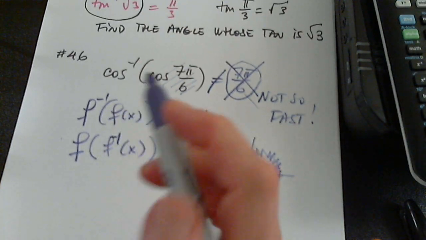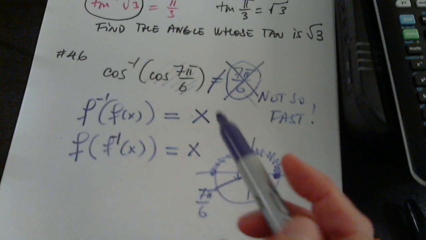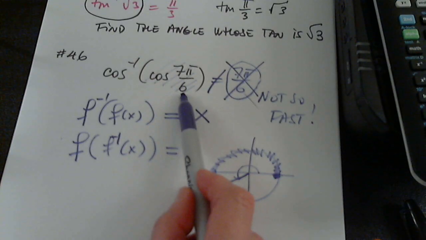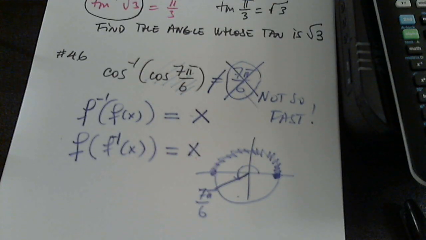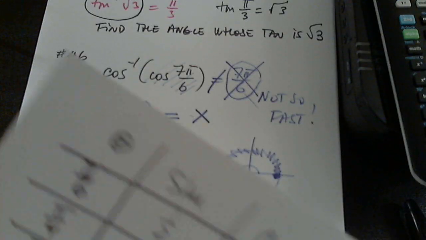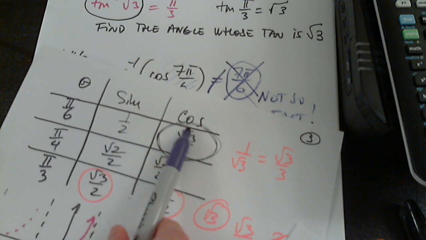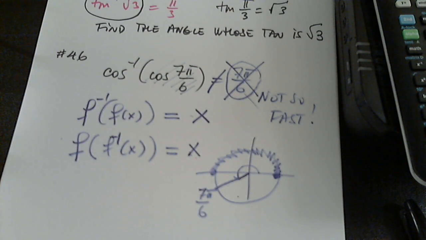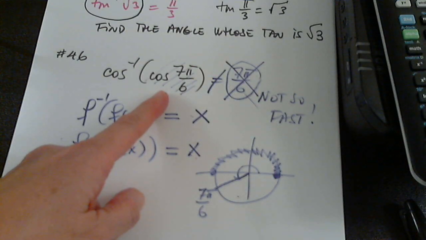So let's see how. 7 pi over 6 is an angle in the third quadrant. Remember, it's pi over 6. Where's my table again? If it's pi over 6, cosine is the square root of 3 over 2, but negative because it's in the third quadrant.